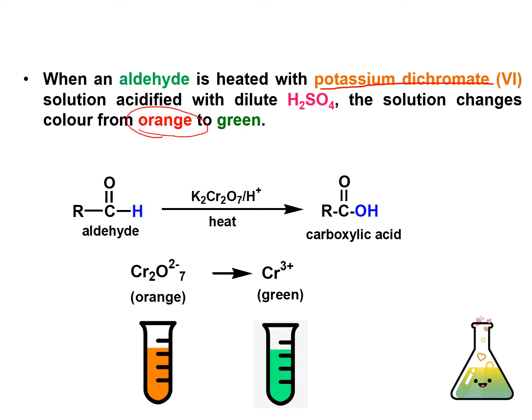So when aldehyde reacts with potassium dichromate to form a carboxylic acid, the color of the potassium dichromate will change into green. Why does it change? Because you form from Cr2O7 2- to Cr3+. Okay, so from orange to green.